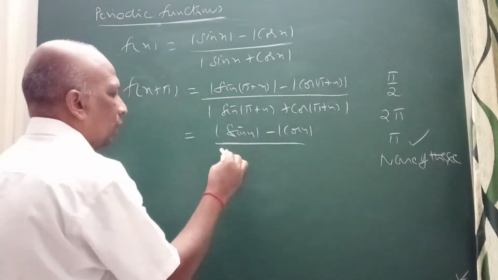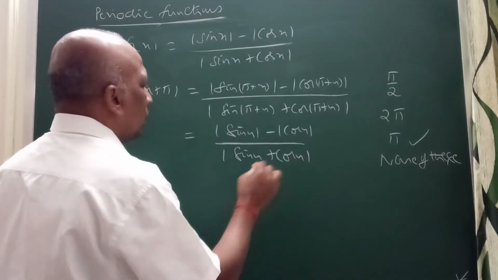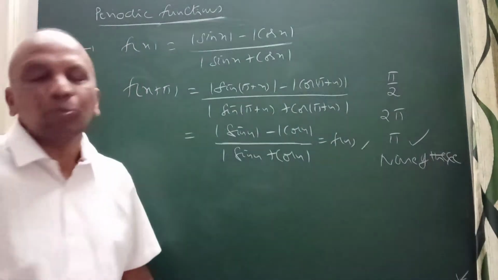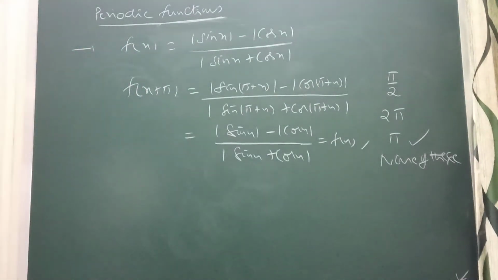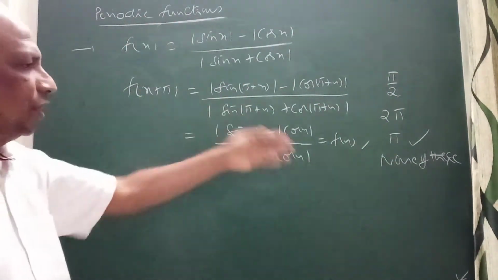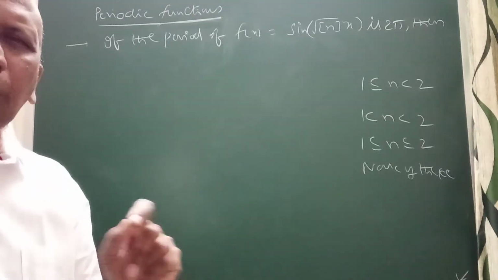Take minus common, it will be sin x plus cos x. So that is the reason we got the same function. So it is periodic. The period is pi. Directly also we can write your answer. I told you directly in the beginning that was the right answer, and I have done the verification. Answer is pi. This is a simple problem.